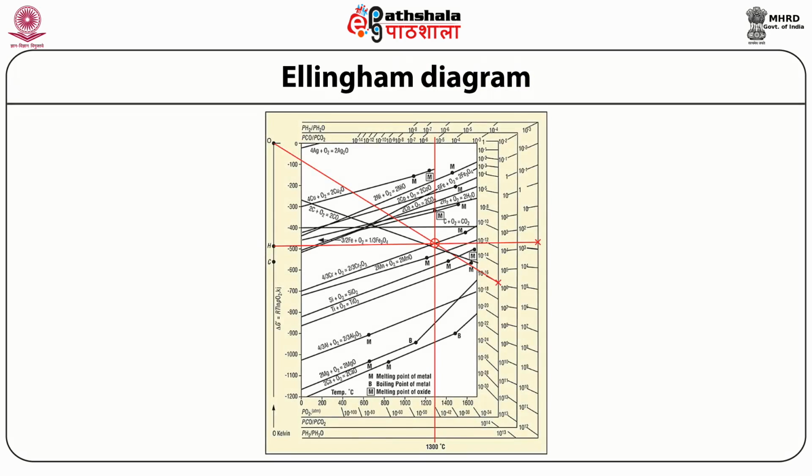Ellingham diagram. Unlike the concept of equilibrium dissociation pressure, we can construct a nomographic scale on the bottom right of the Ellingham diagram to directly obtain the dissociation partial pressure of an oxide at any temperature.